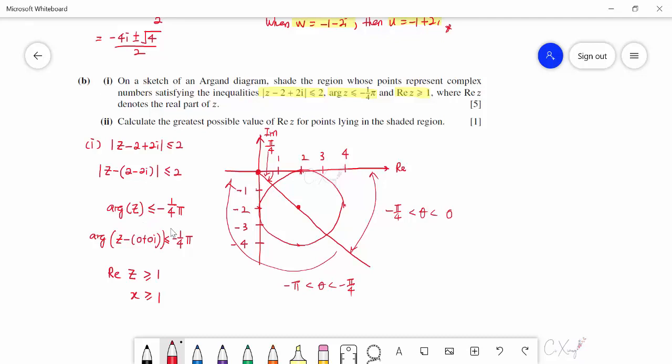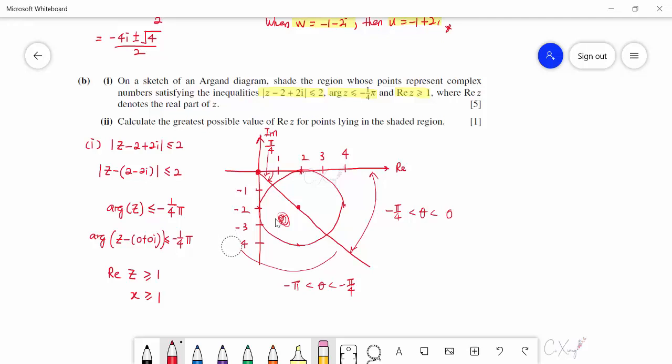So very obvious, if they want us to sketch this one, we should shade this area, because in this area the argument is more than negative pi over 4, and in this area the argument is less than negative pi over 4. According to this inequality, I should shade this area. Combined with what we have just now, you shade inside the circle, and now you also shade this area, so the overlapping part will be this part, right? So far for now we have this overlapping part here. All right, so this is what we have for the second inequality.